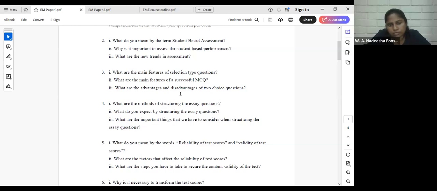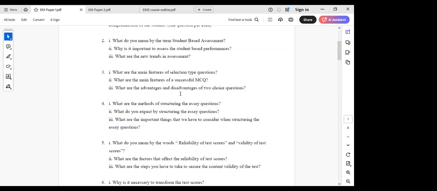So what are the advantages and disadvantages of two choice questions? Now we know the advantages, that is like selection type. Then the disadvantages of two choice questions. It measures the simple learning outcomes.